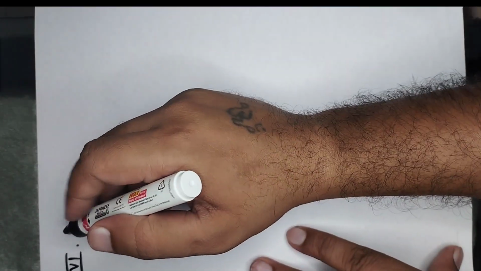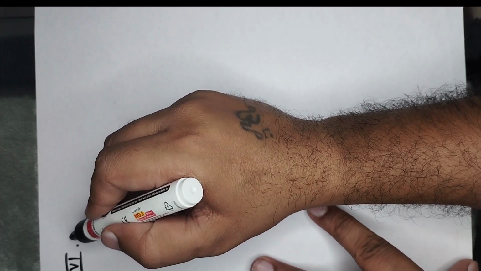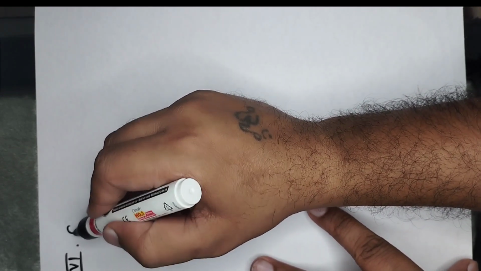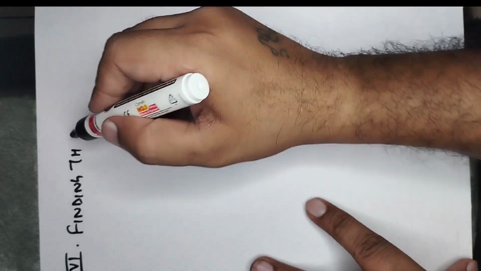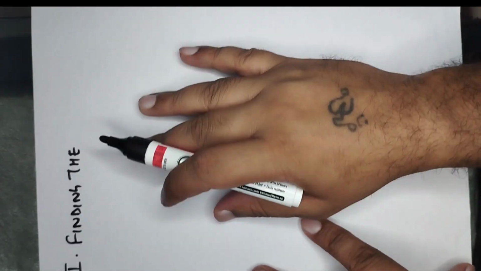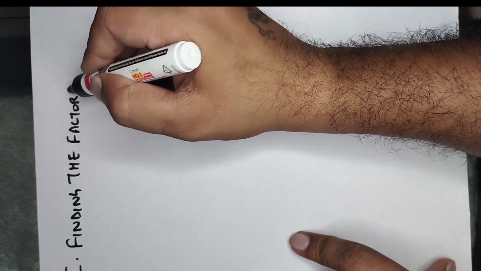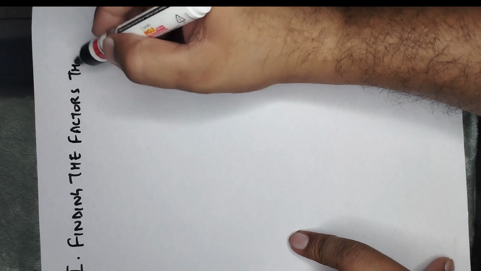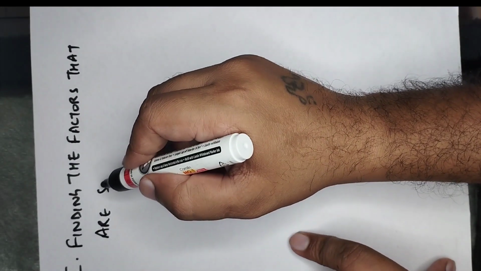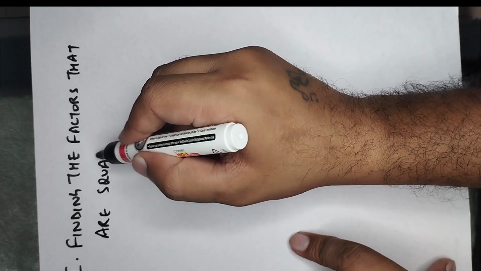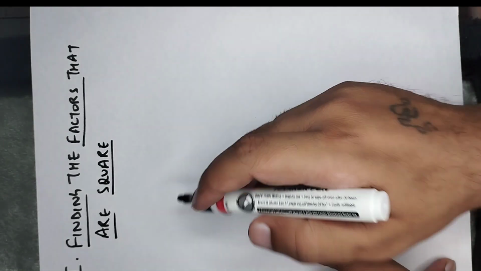Now questions can be asked in different formats also. The question can also be asked in this way: finding the factors that are square. That is, finding the square factors of any number.